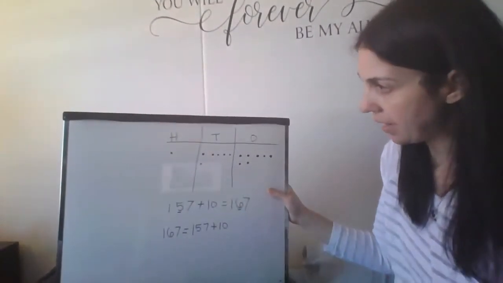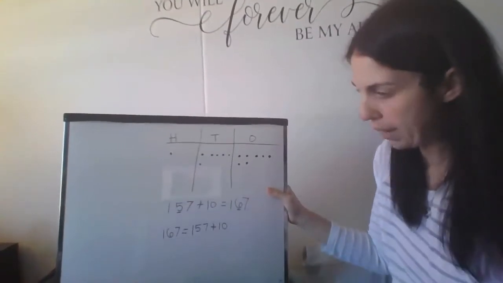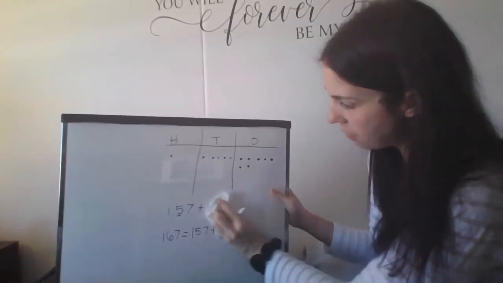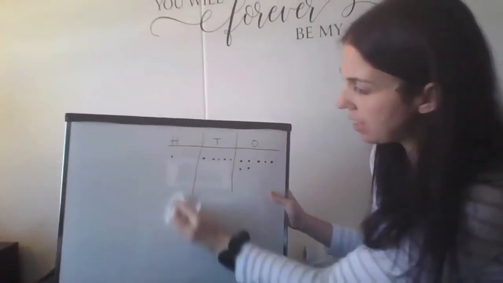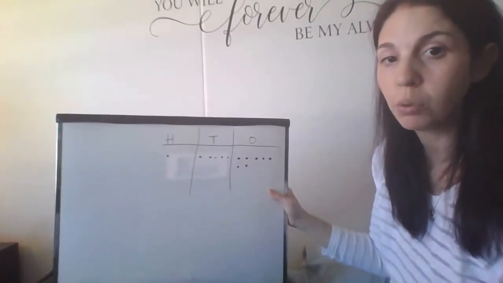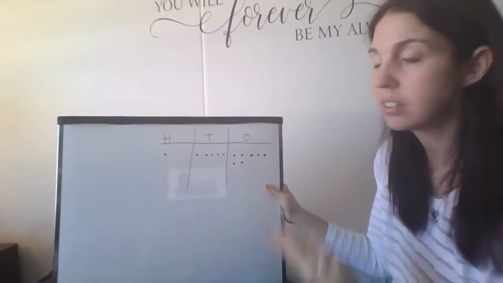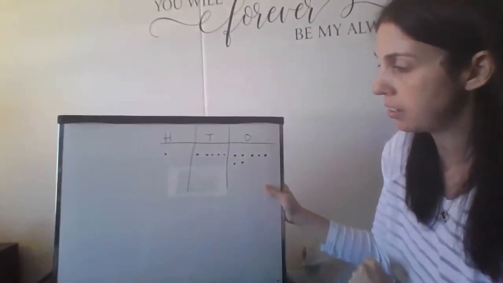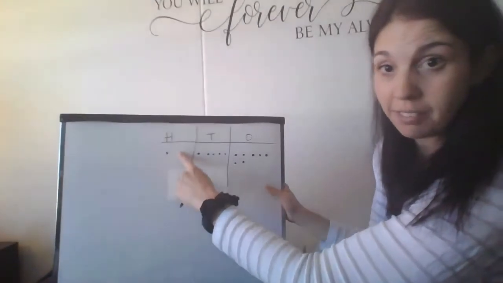Now, what if I said, I want you to go back to the original. We had 157, and I want you to add 100. Where would you add that in your place value chart? Plus 100, right here, right?